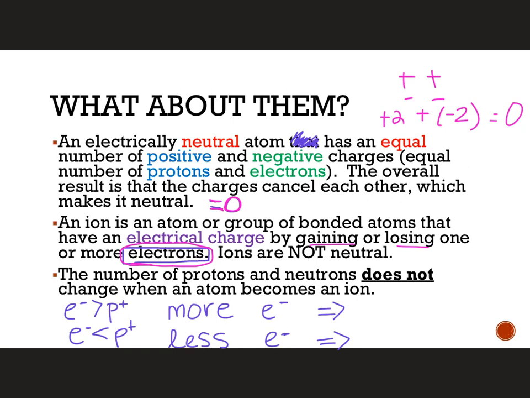They're easily removed or added to. So electrons are the reason that we end up getting this electrical charge. If we have more electrons than we do protons, then it is negatively charged. If we have fewer electrons than protons, meaning we've lost an electron or 2, then we're going to have a positive charge.